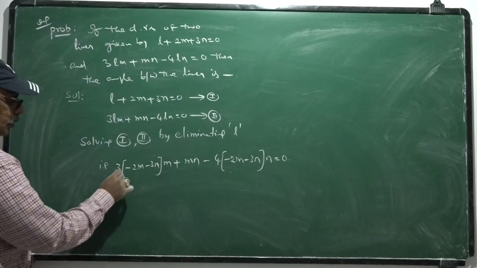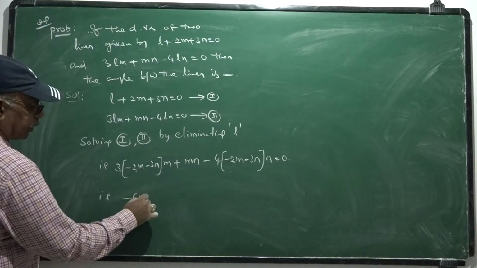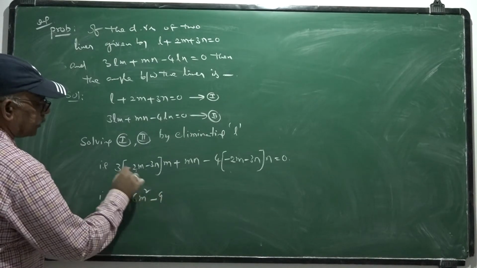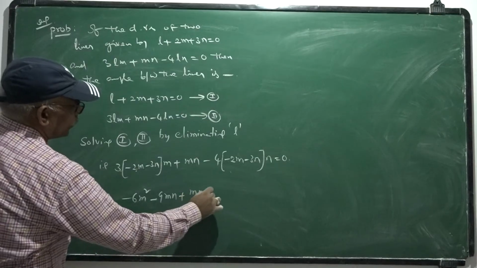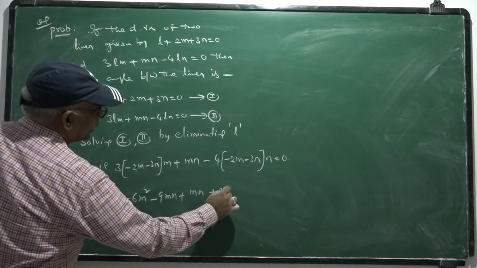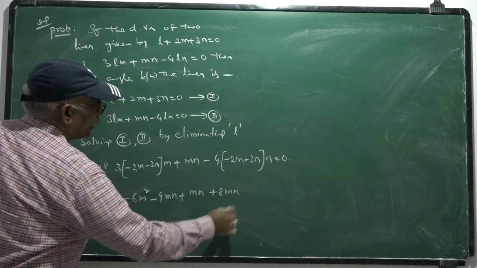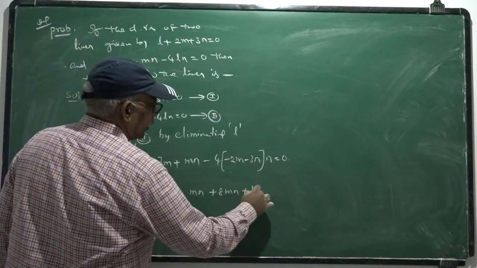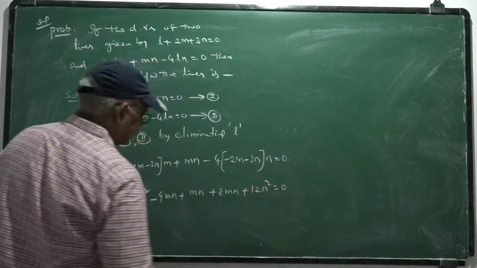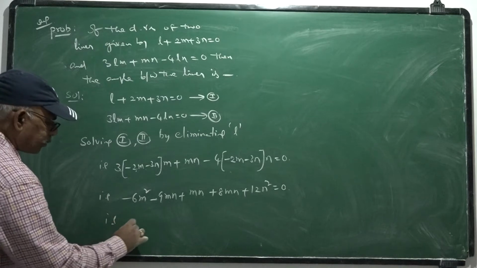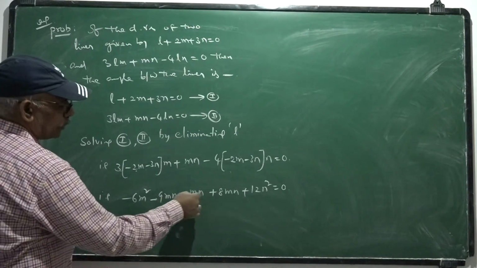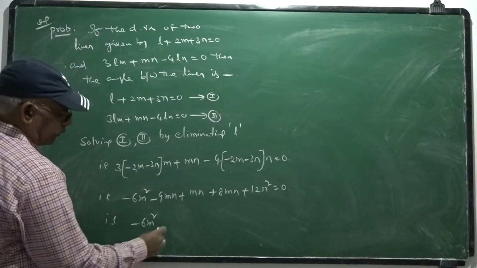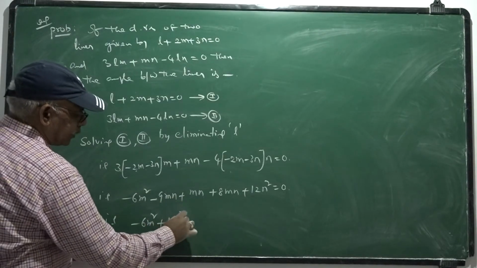That gives us minus 6m square minus 9mn plus mn of course plus 8mn plus 12n square is 0. That gives us minus 6m square. This 8mn, 9mn cancel. Plus 12n square is 0.